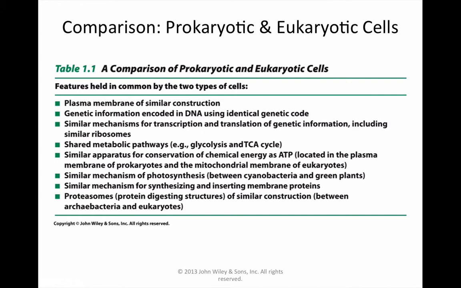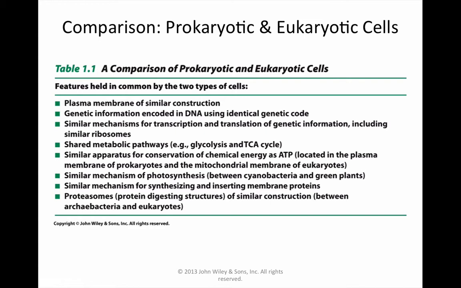Now we're going to start comparing our prokaryotic and eukaryotic cells. There are features that are held in common by these two cell types. Both of these cell types have a plasma membrane, and they're of a very similar construction.